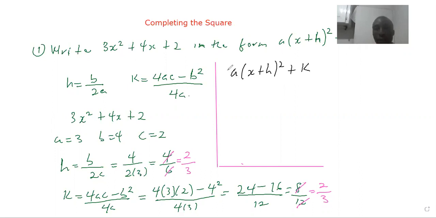We know that our a is 3, so put a 3 here, open bracket, x plus our h, which is 2 over 3, close the bracket, squared, plus our k, which is also 2 over 3. And that's my answer.